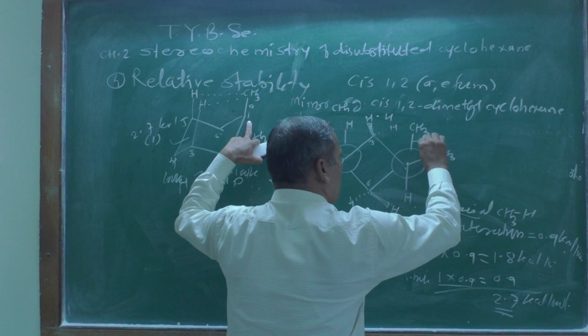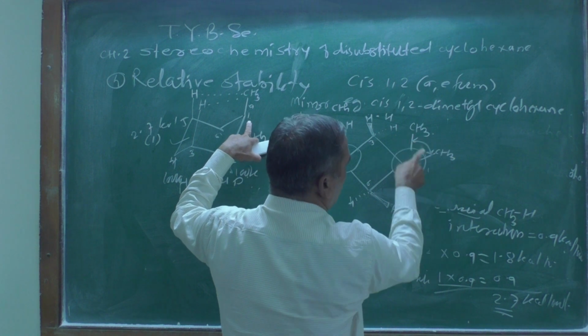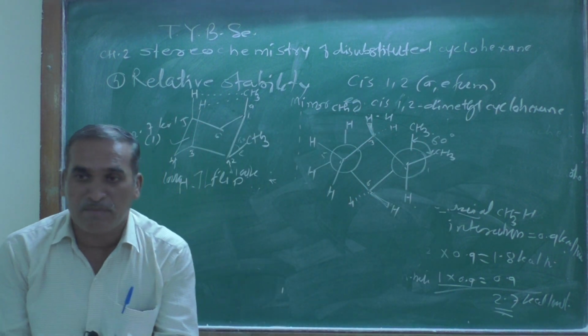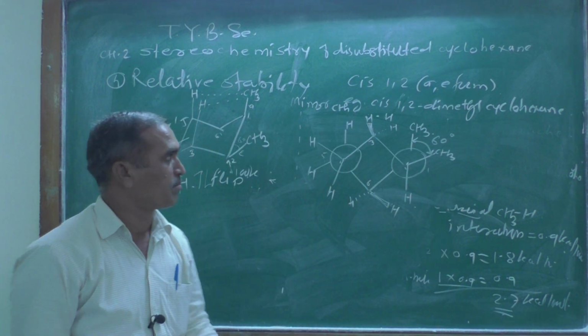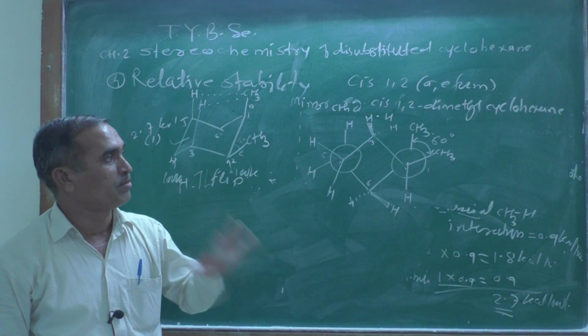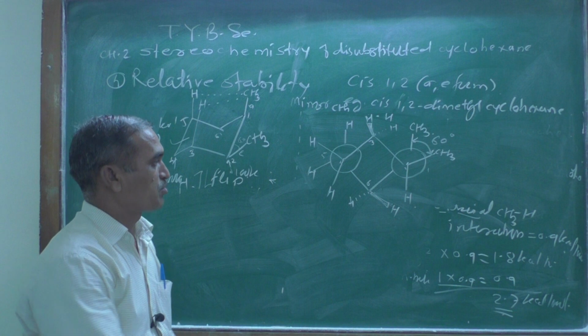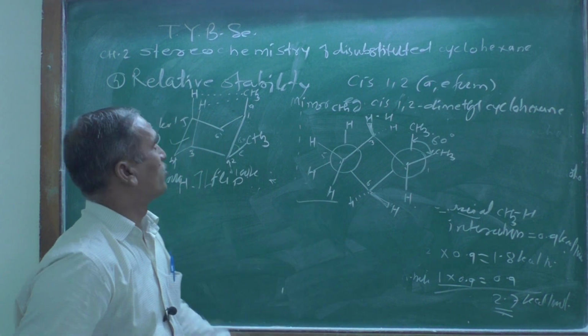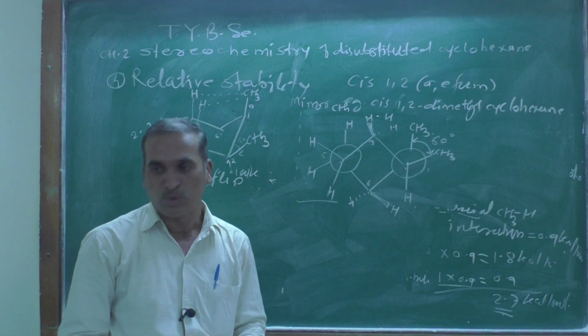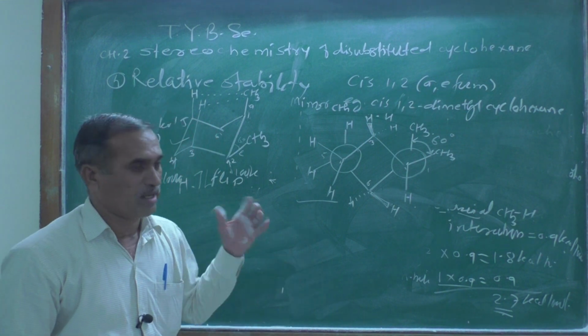Now here at carbon number 1 a methyl group is here, and one methyl group is here. Now if you measure the angle between this methyl group and this methyl group, it is 60 degrees, and that conformation is known as a Gauche conformation, and Gauche conformation has 0.9 kilocalorie per mole. This much energy is associated with this, and therefore this conformation has a total energy of 2.7 kilocalorie per mole.